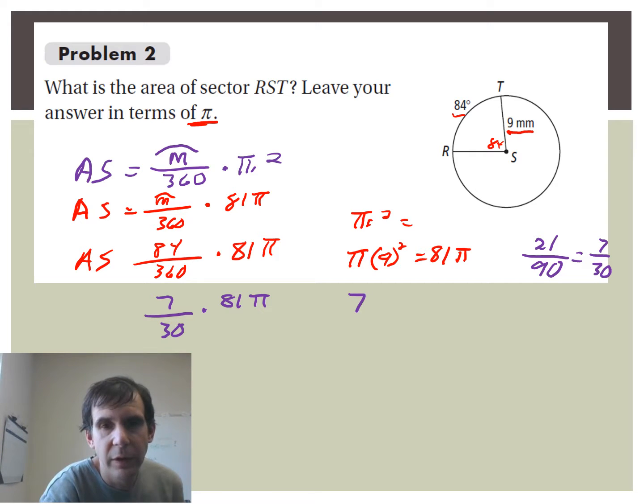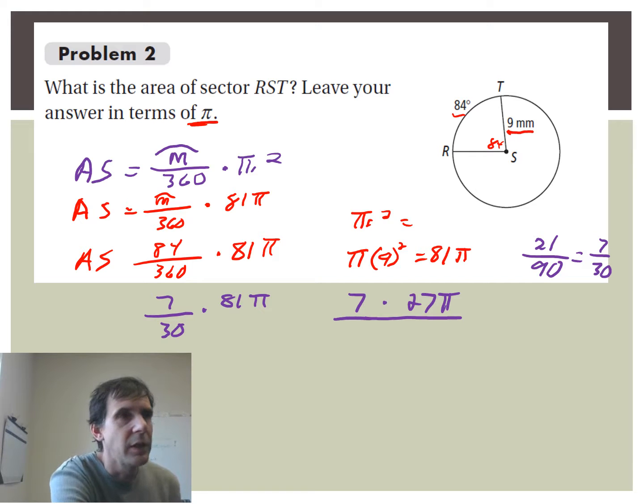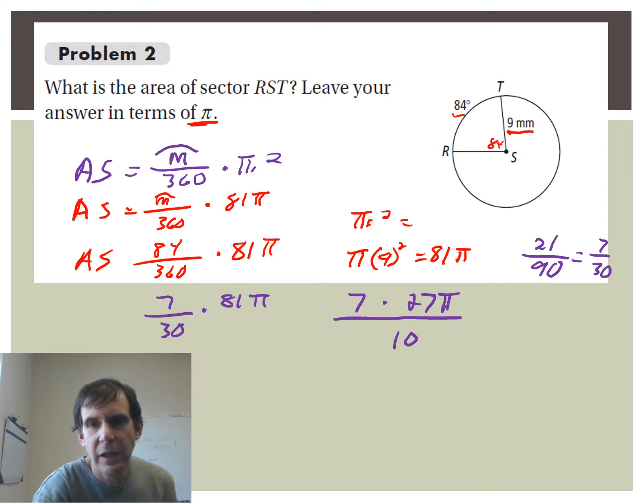So 7 times 27 pi, over 30 here. 30 divided by 3 is going to be 10. You can see this is a little process of simplifying here. So 27 times 7 equals 189.